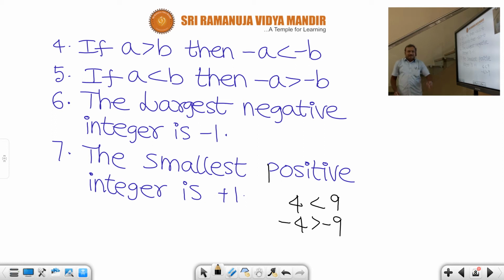So if a is less than b, then minus a is greater than minus b. For this I am giving the example: 4 less than 9, then minus 4 greater than minus 9.